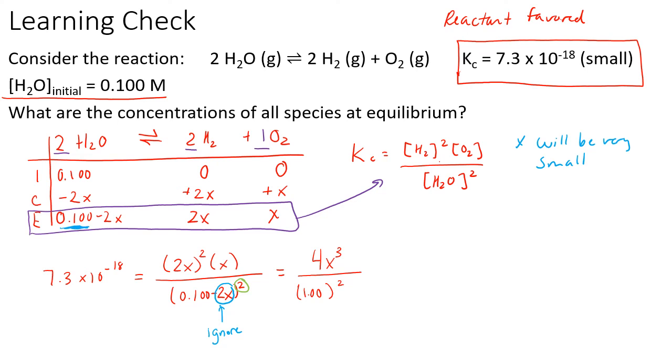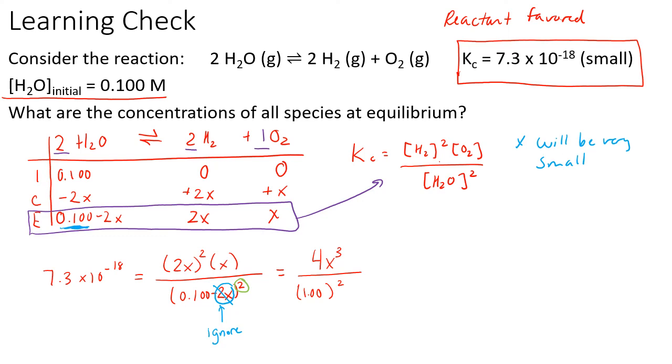And that's all equal to our K sub C, 7.3 times 10 to the minus 18th. So we get rid of this whole minus 2x term there. The 2 out front doesn't matter either. If it was minus just x or minus 3x, minus 2x, we're ignoring that because it's subtracted and it's small.